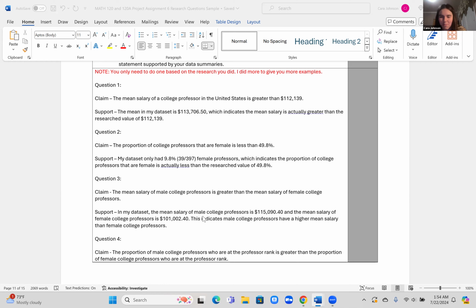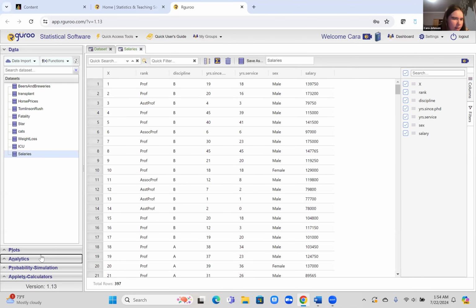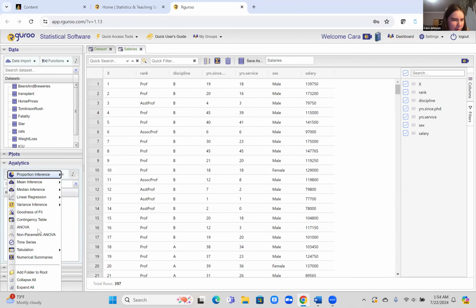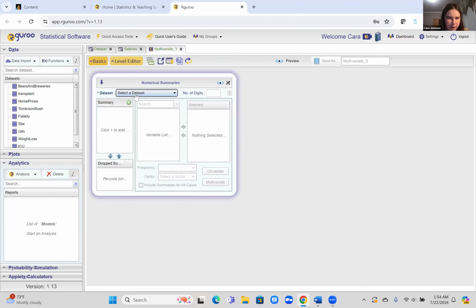My research said that the mean salary of male professors was higher than females, and my data set also shows that. But I'm going to show you how I got these numbers, so you could also get them if you did something similar to me. If you go to StatGuru, and you go to Analytics, Analysis, and Numerical Summaries, you select your data set, and salary was my variable.